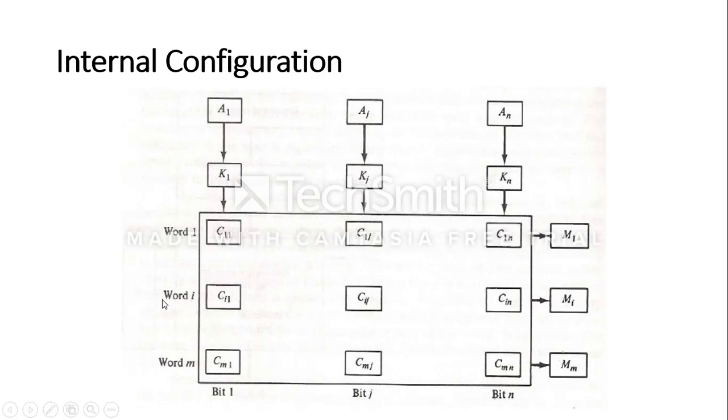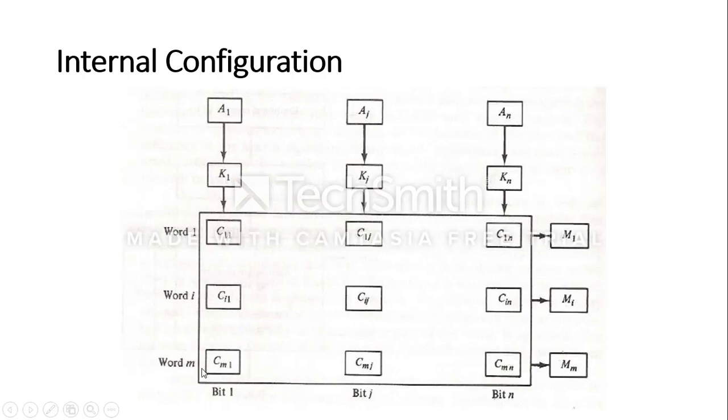For word i, similarly we have Ci1, Ci2, Ci3, Cij for the jth bit and Cin for the last, nth bit. Similarly for word M, the total size of this associative memory is M words.